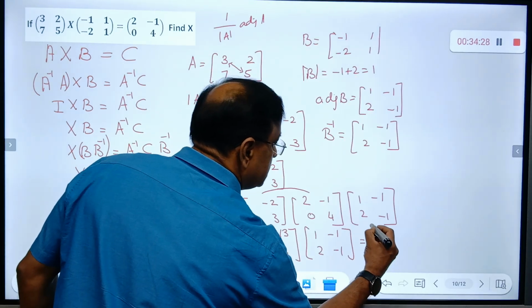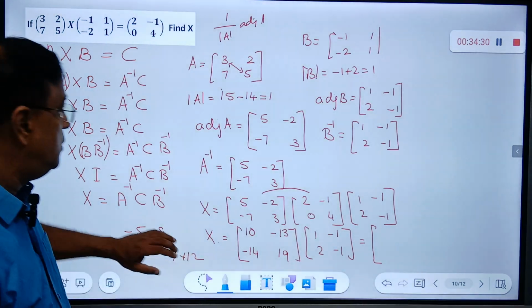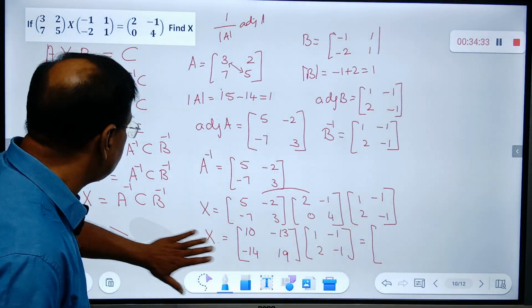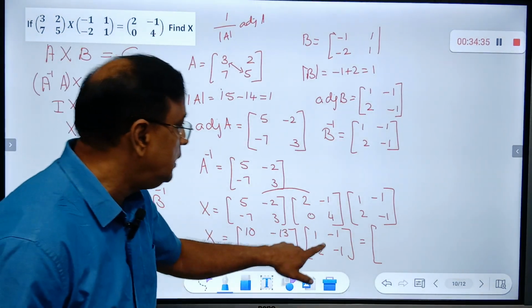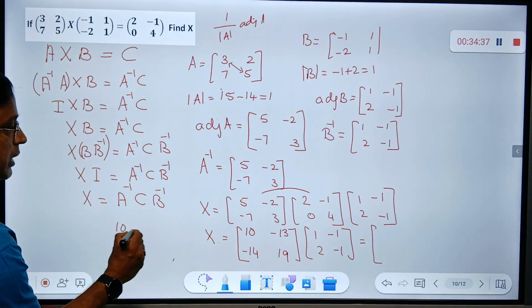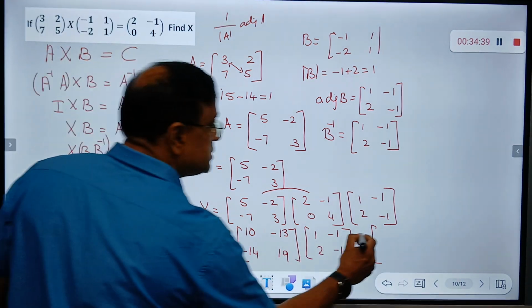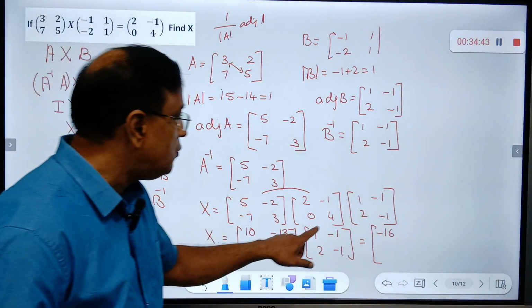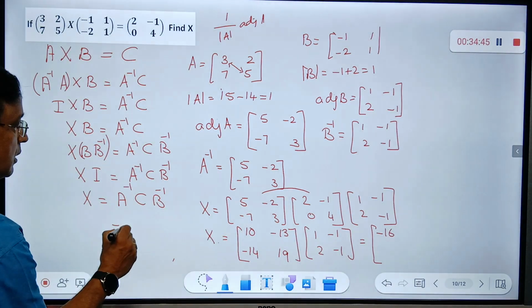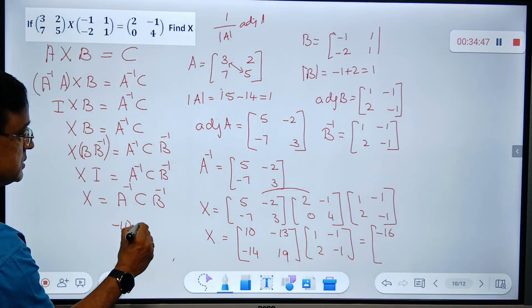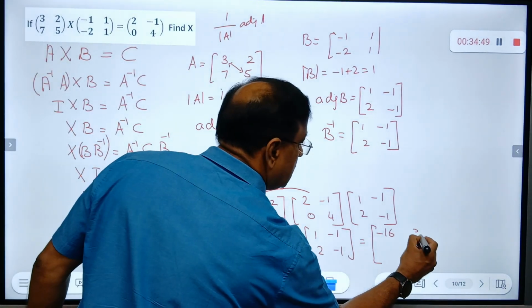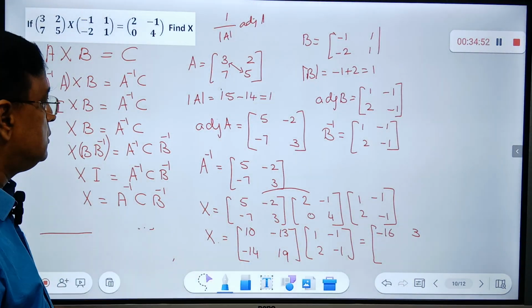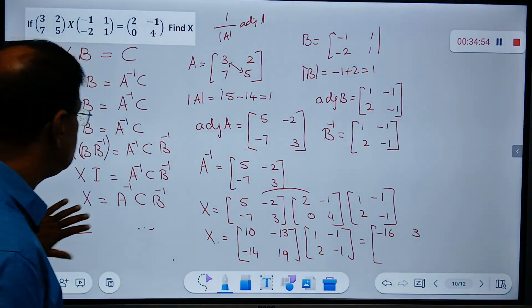Again, you have to multiply this. How do you multiply this? First row, first column. 10 minus 26. What is 10 minus 26? Minus 16. Next one. Second row, first column. Minus 10 plus 13. So that is 3. Now, second row, second column.